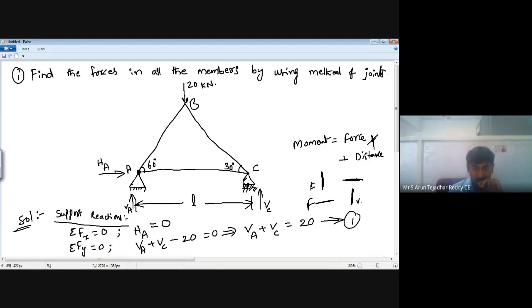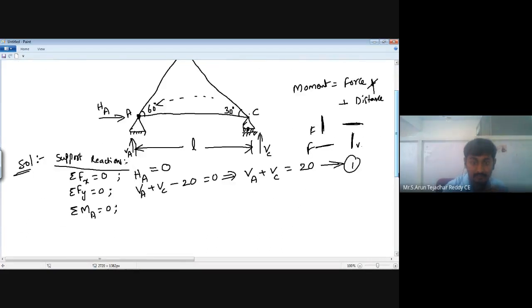First, VC, from C to A, is in the anti-clockwise direction, so take negative minus VC. The perpendicular distance from C to A is L, so minus VC into L.